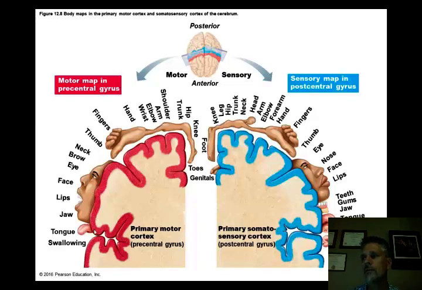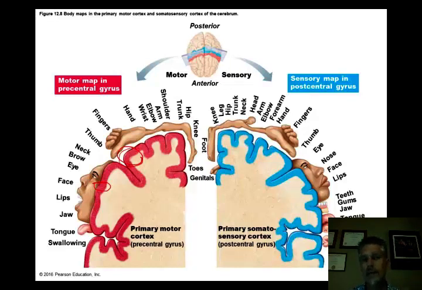So if you want to move the tongue, for instance, to speak, it's going to come from along the lateral side of that gyrus that we see way over here. If you want to wiggle your nose or something like that, it's going to come from an area right along here. If you want to move your fingers, it's going to be a little bit higher on the side that we see up here in this area, etc.